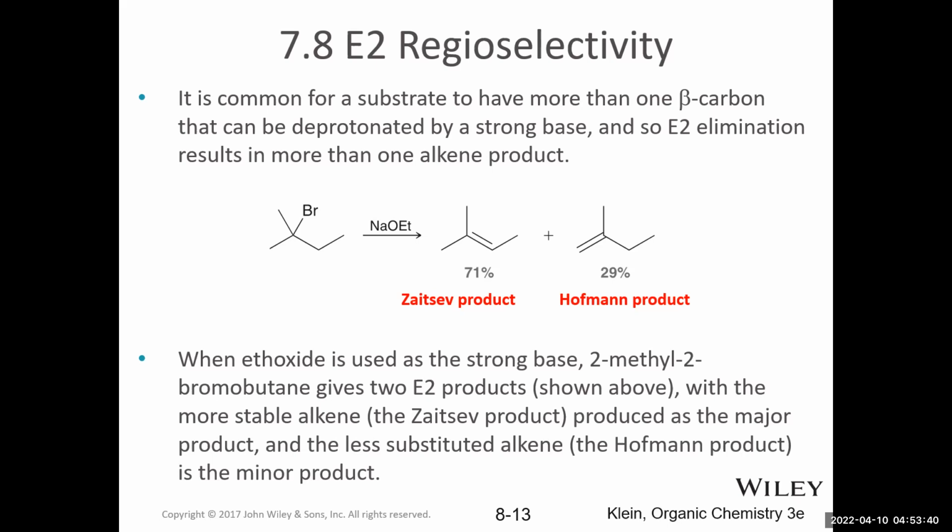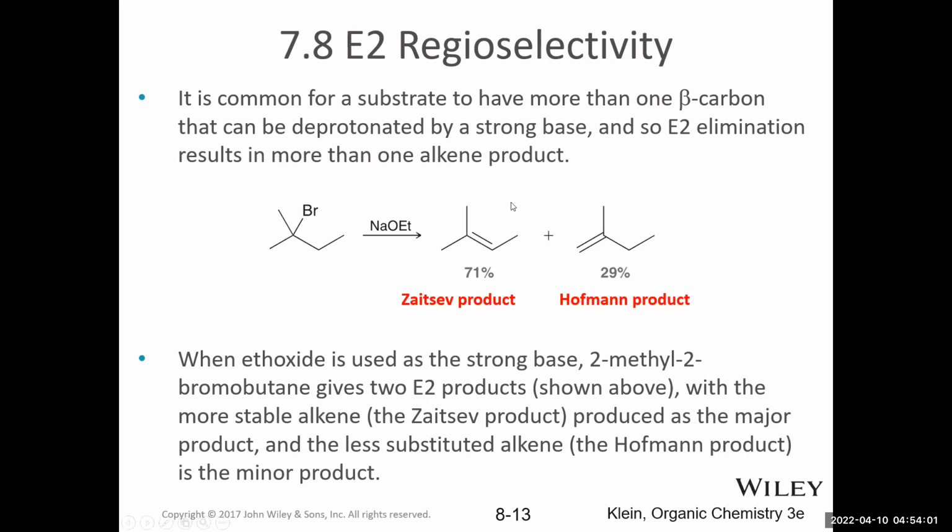Again, this is only going to be an issue when there are different types of beta carbons, because our strong base may or may not take protons from any of the beta carbons, leading to different products.